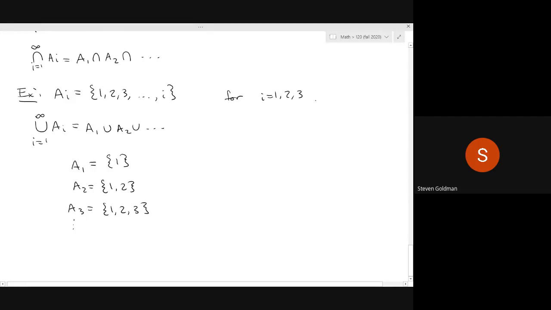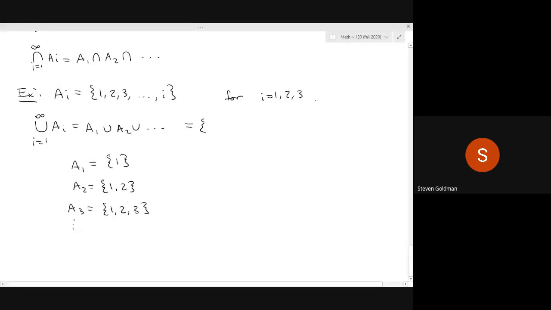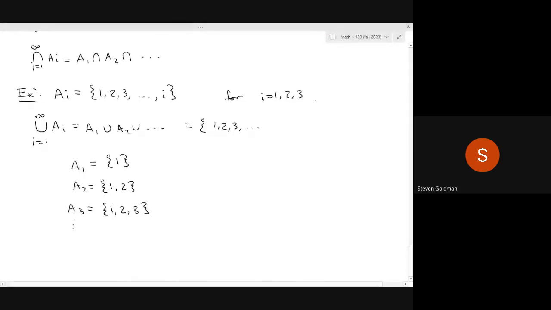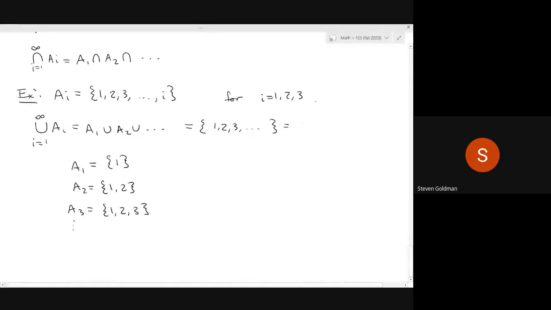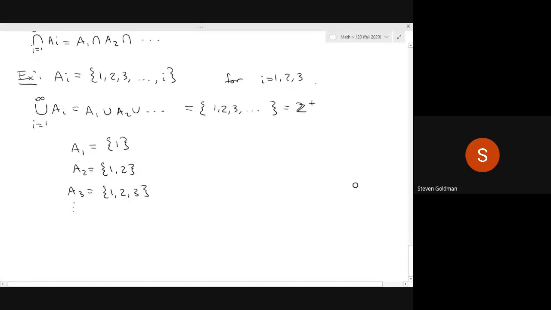If I combine all these sets into one big set, I'm going to have the set that contains the numbers 1, 2, 3, 4, 5, 6, 7, etc., etc. It's going on forever. So in other words, that's Z plus, the set of positive integers.